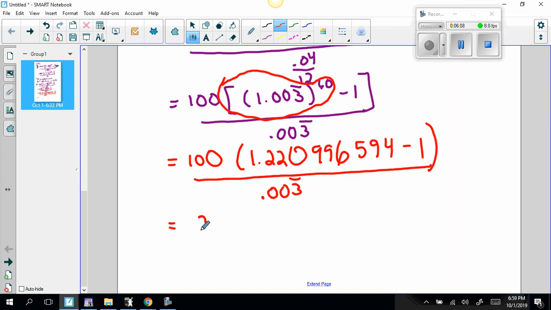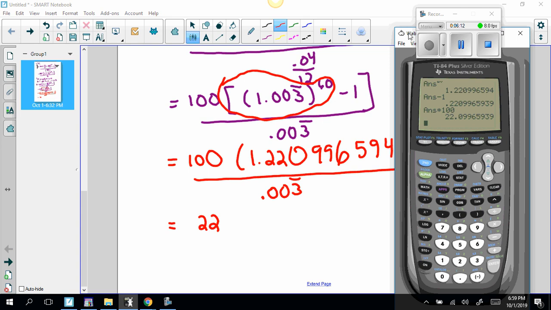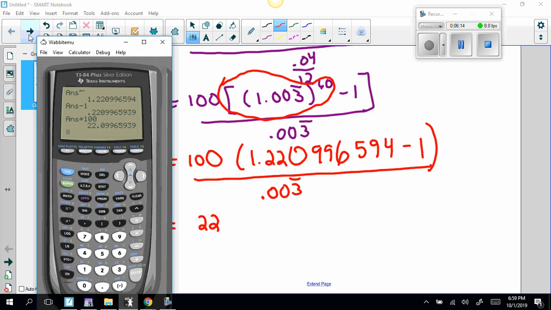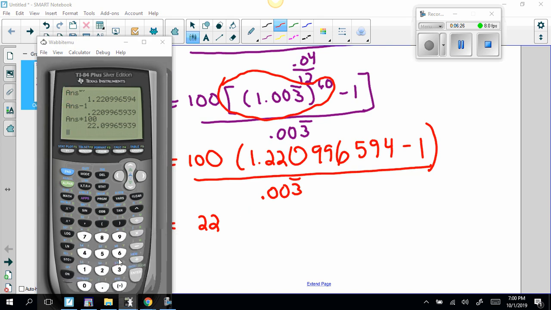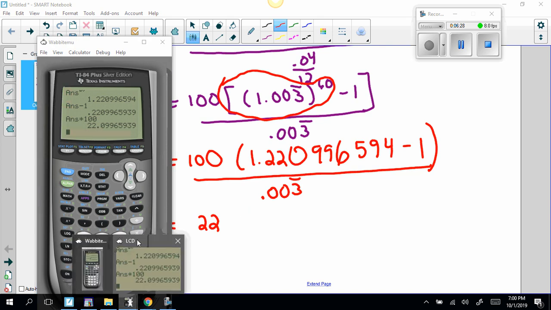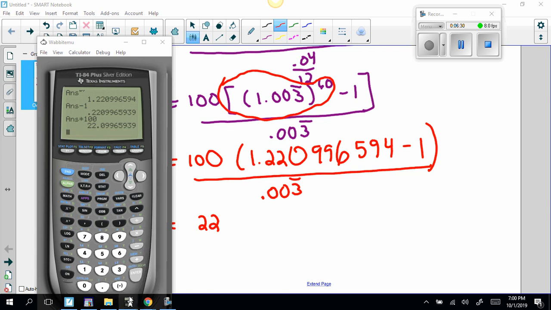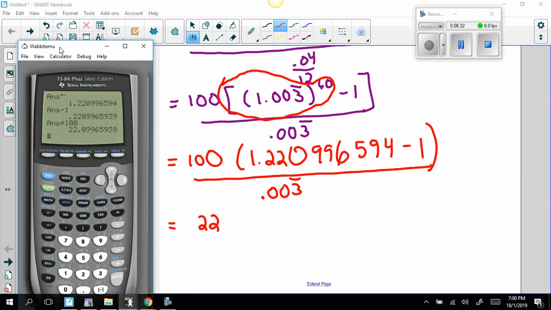Then I get 22 point... the calculator view keeps detaching.